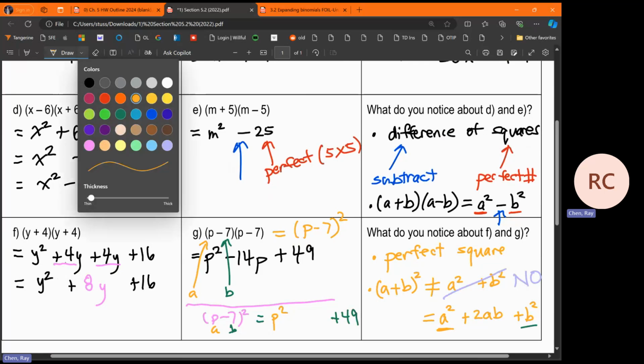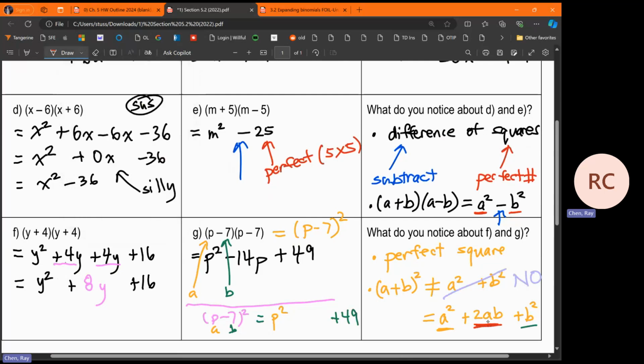So what is in the middle? I would like you to try, but you don't have to. If you still want to use FOIL, that's okay. But what you'll notice is, if you take a times b, or in this case, p times negative 7, that's what literally this means, a times b, and then double, you should be okay.